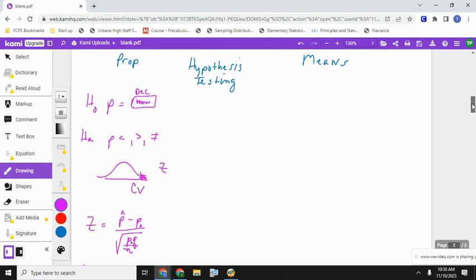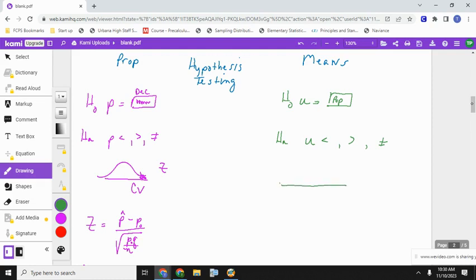Okay, so over here for means, I think we were doing green. Your H0 for your mean is mu equals, and it's going to be some number about the population. Remember, it's always a population number. Your HA is going to be mean is less than, greater than, or not equal to.